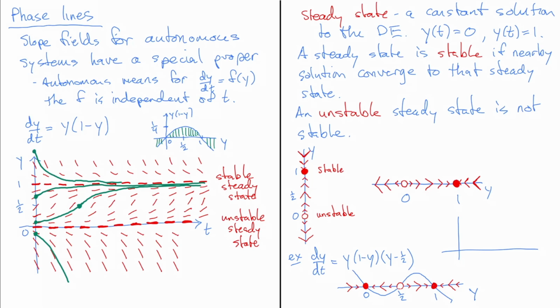And let's say I'm going to start with an initial condition just above 1/2. And I have, let's say, 1 up here.